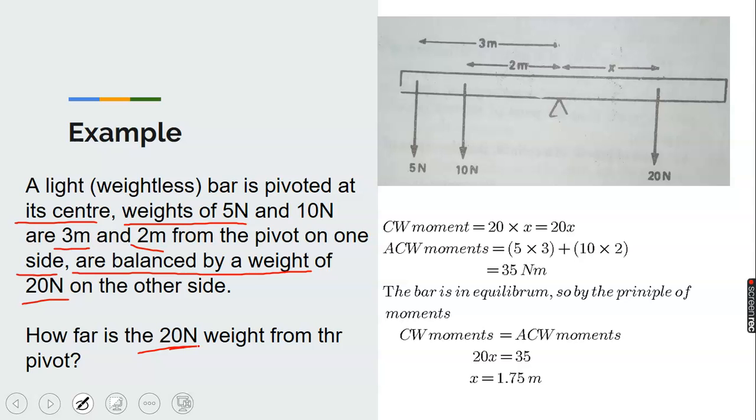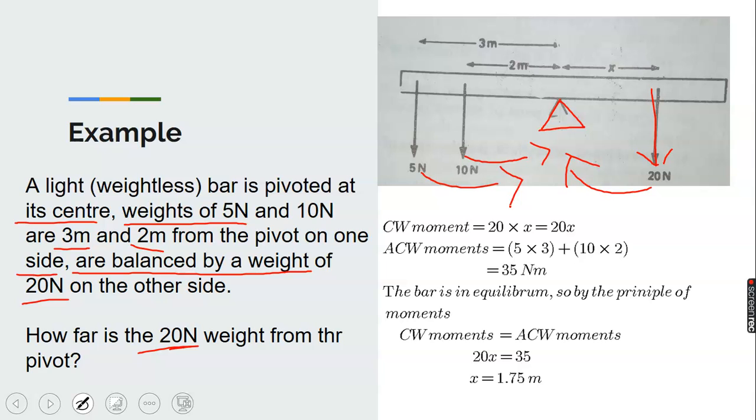Now look at where it is pivoted. Always take note, the ones on the right side always form the clockwise moment, while those on this side form the anti-clockwise. Now how many anti-clockwise do we have here? We have two. Always consider their distance.